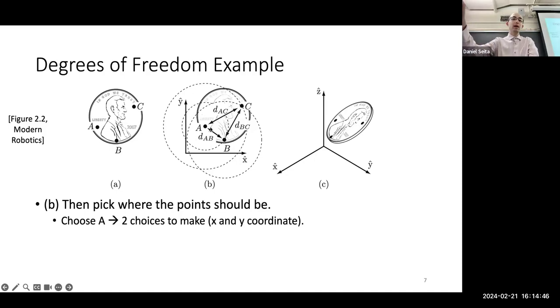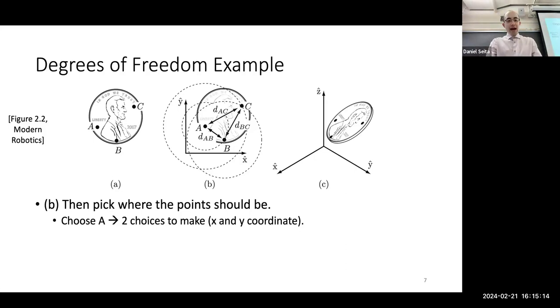So when we pick where point B should be located, what is the minimum number of coordinates that we need for that? Because the key intuition here is that we cannot just pick B to be arbitrary. We have to pick B such that the distance is actually DAB.